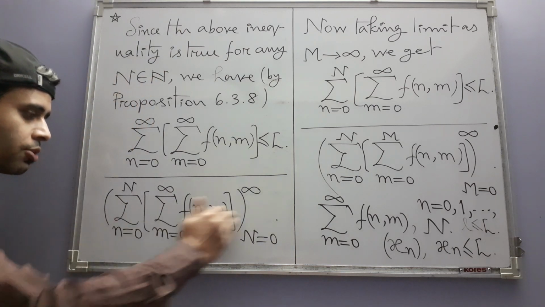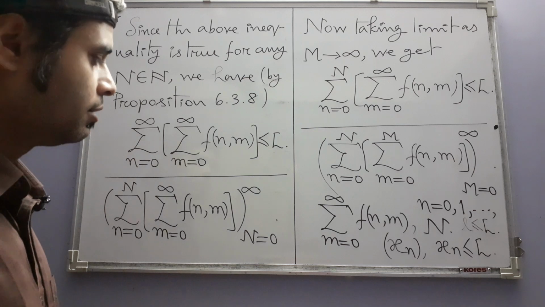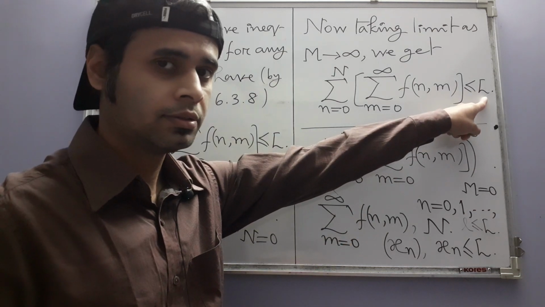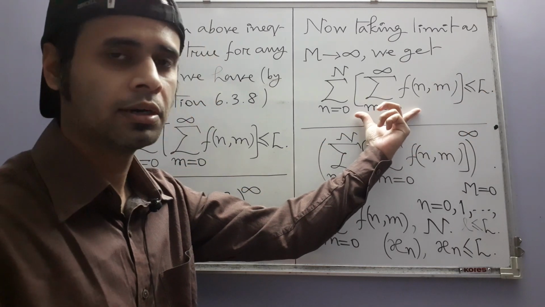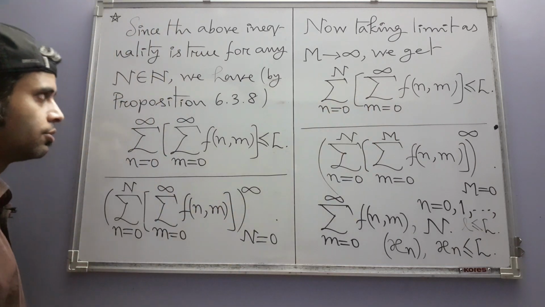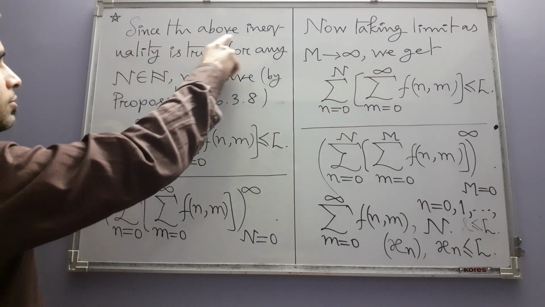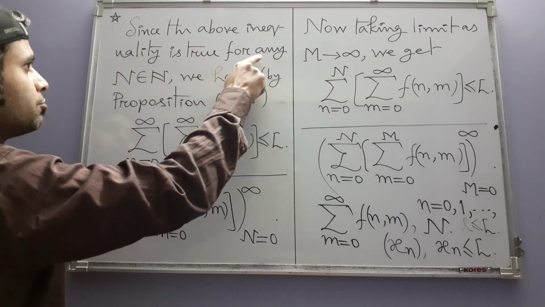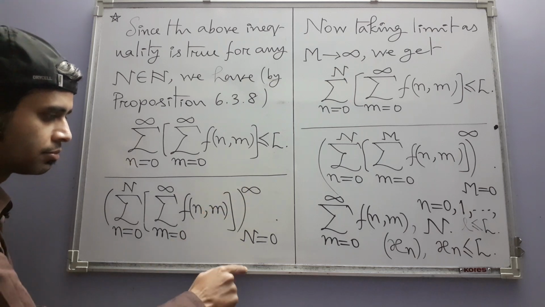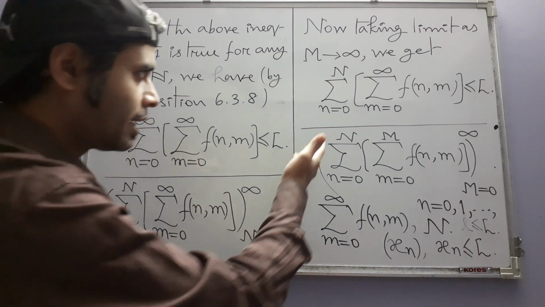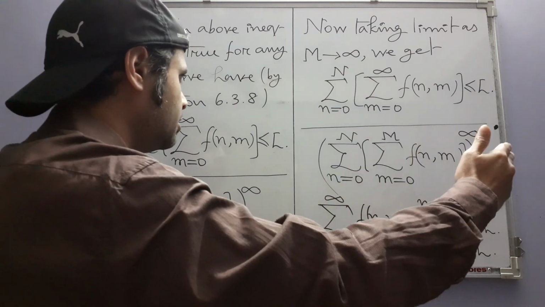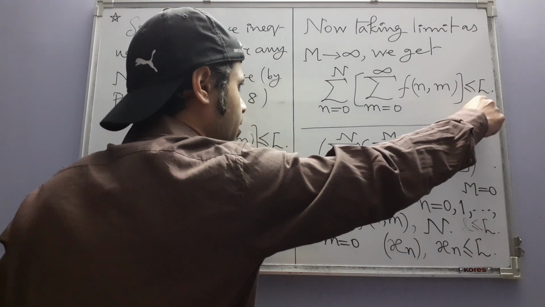And this sequence is bounded from above by L again. That's what we see here. And we can say so because this inequality is true for any n belonging to the naturals, so we can vary n.